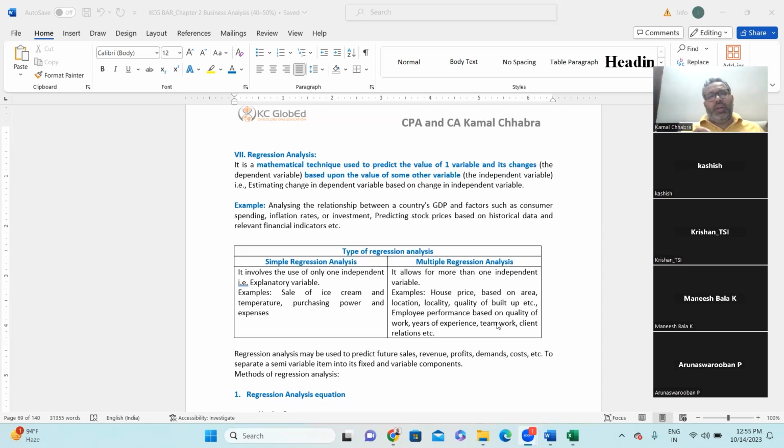Second, when you need to predict the stock price of any company, what factors do you keep in mind? The historical data, right? Yes, sir. Relevant financial indicators like price to equity ratio, debt to equity ratio, earnings, returns on earnings.